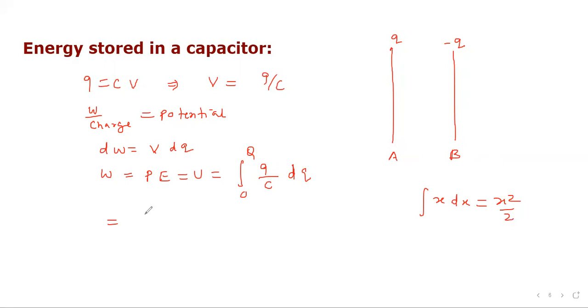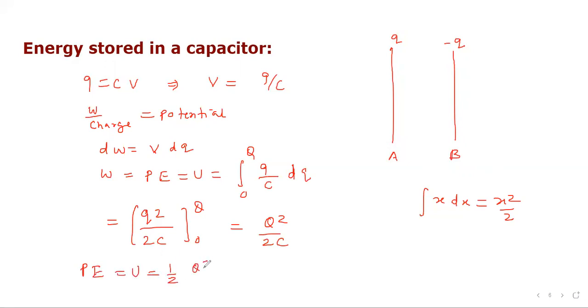So from here we will get q squared upon 2C, limits 0 to Q. So this small q will change to capital Q. So we will get Q squared upon 2C. So potential energy, that is U, will be half Q squared upon C. We can use Q equal to CV to get another formula, and that would be half CV squared. So potential energy will be half CV squared.